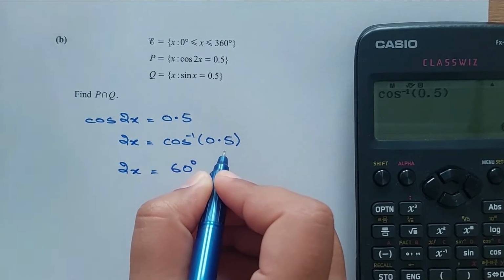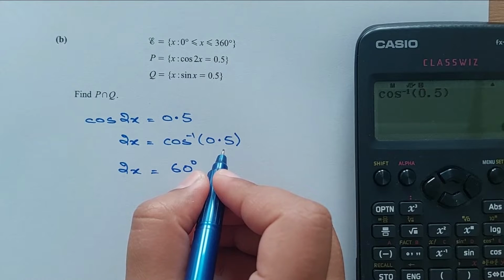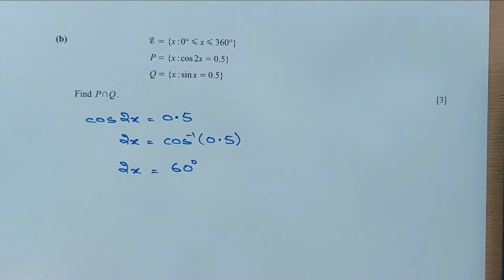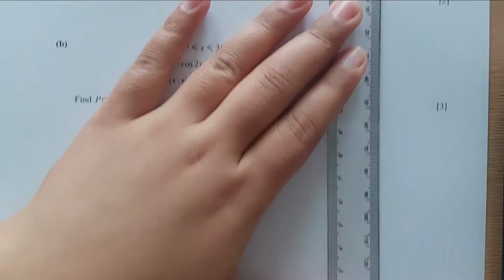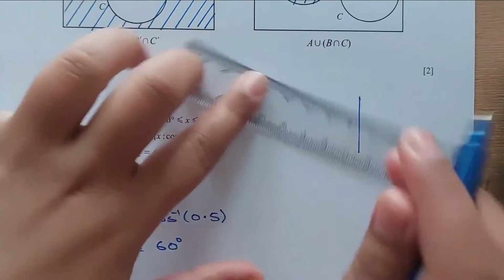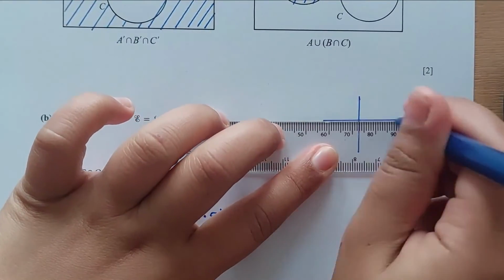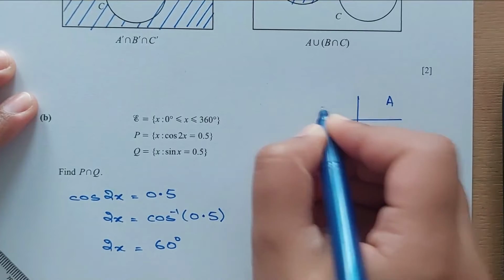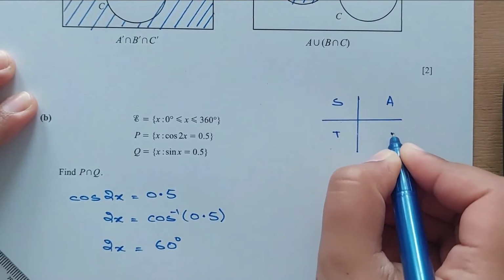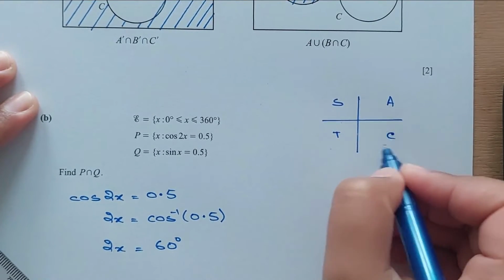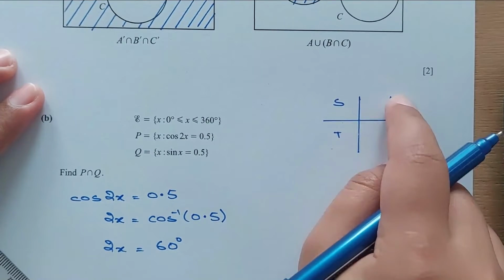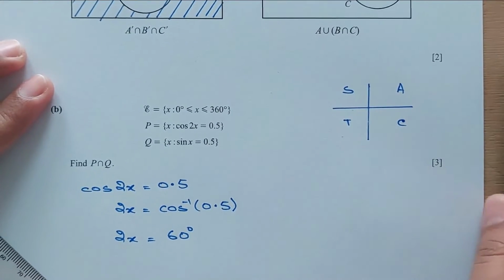And here the cos is positive, and cos is positive in the first quadrant and in the fourth quadrant, right? Let me draw this to show you guys. Here, A, S, T, C. So C for cos, all positive and cos positive. So it is positive in the first and in the fourth quadrant, right?